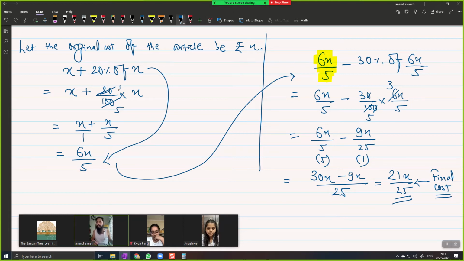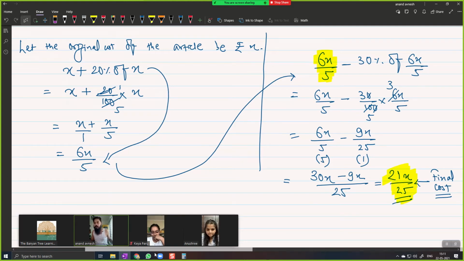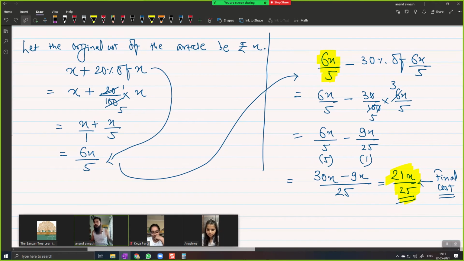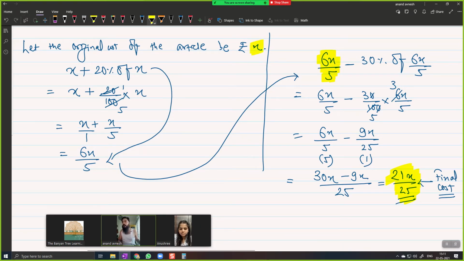First we increased the cost by 20%, then we decreased by 30%, and this is the final cost we are getting: 21x by 25. So what is the question? They are asking to find the percentage change in the cost of the article. Original cost being x and final being 21x by 25, did the cost decrease or increase?